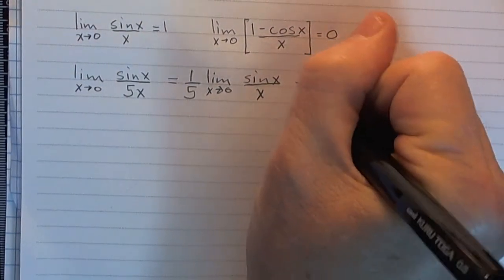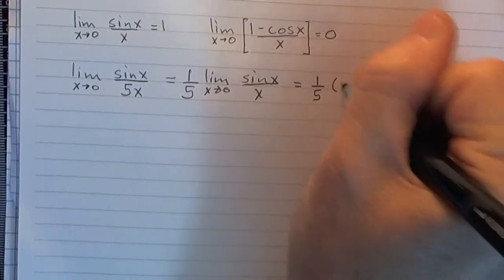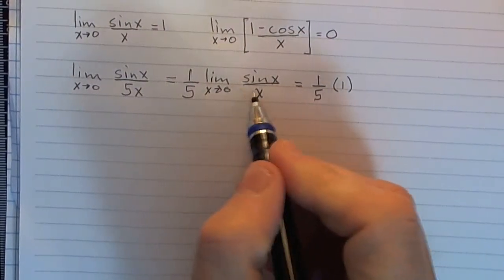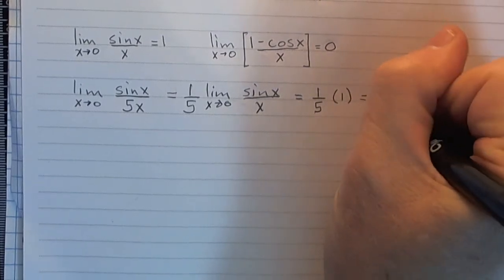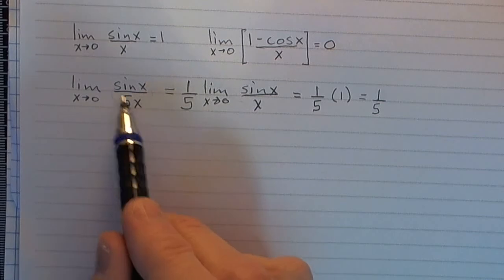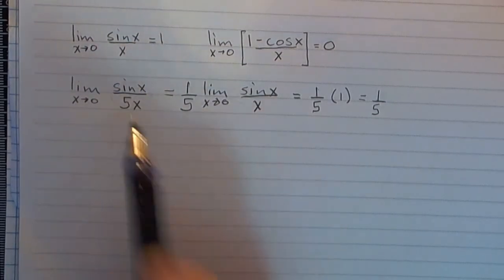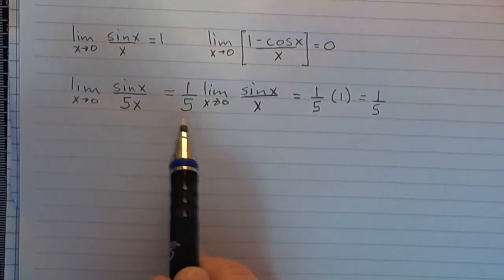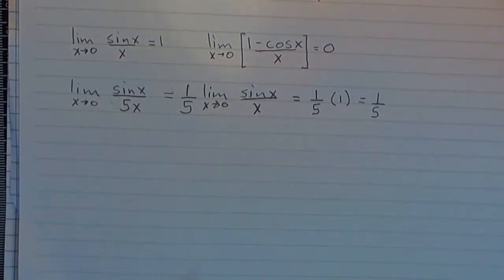So now, obviously, this is going to be 1/5 times 1, because this limit right here is 1. So what we're trying to do is get it in the form, you know, I need to make this somehow look like this one, so I can utilize it. Well, that was a simple task here. All we needed to do was factor out the 1/5.